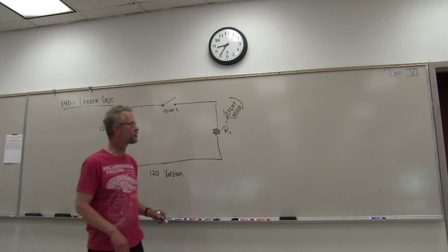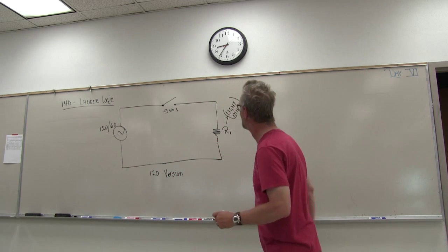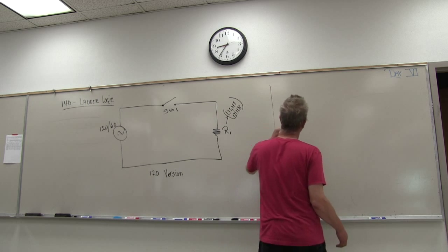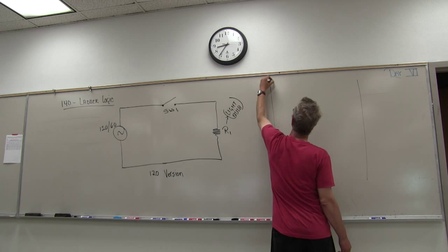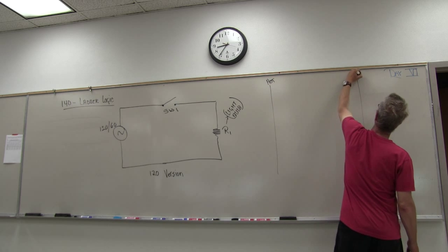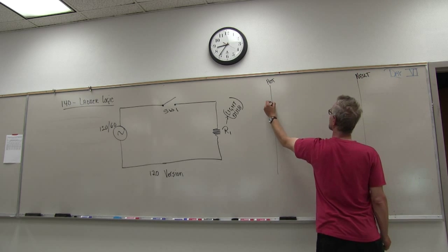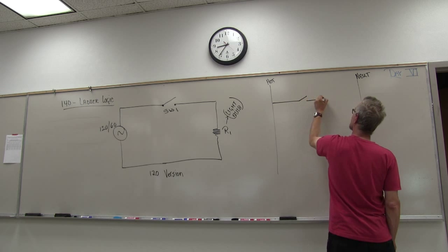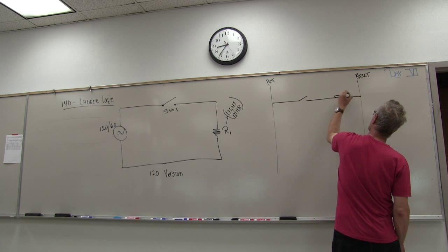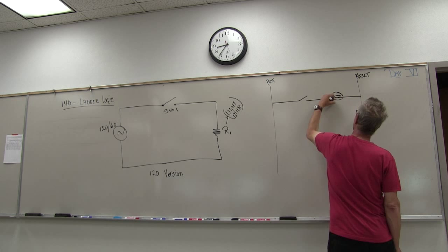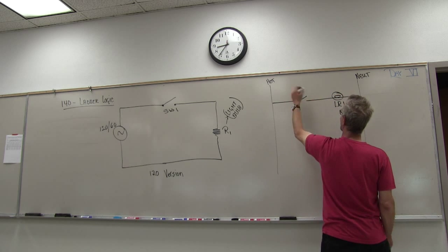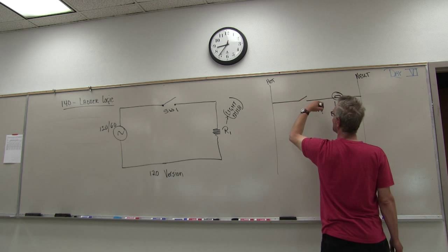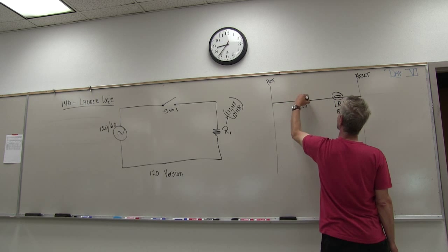That's the 120 version for your 120 class. And the 140 version of that will be hot, neutral, it was called LR1 for lamp resistor 1 or whatever, red, and then switch 1.